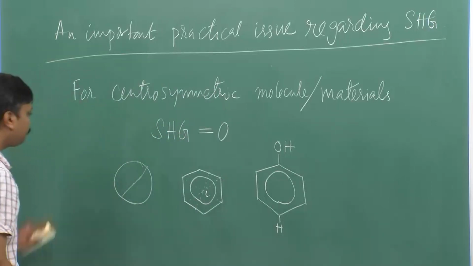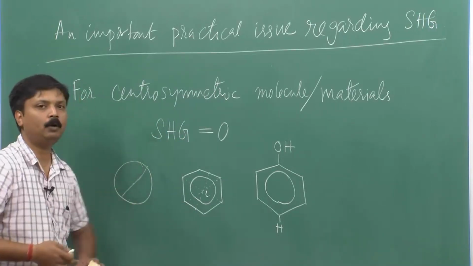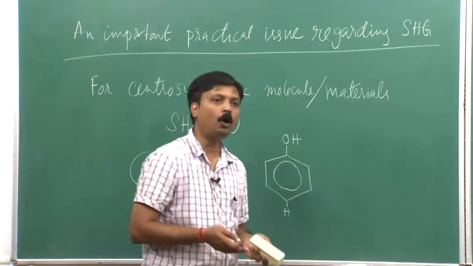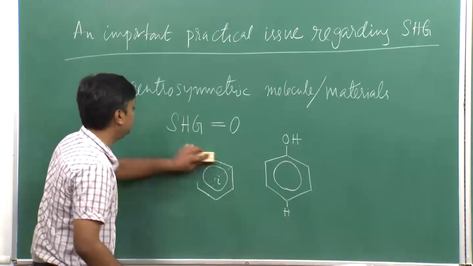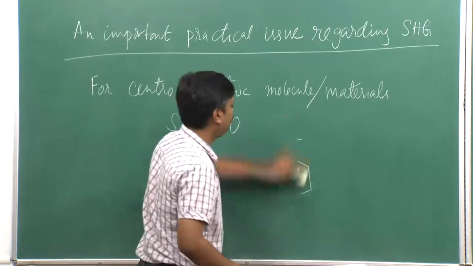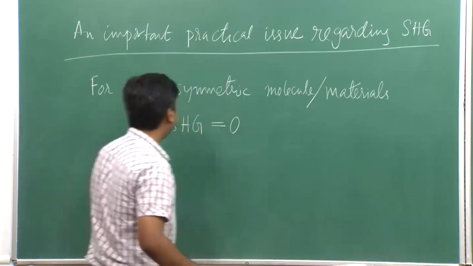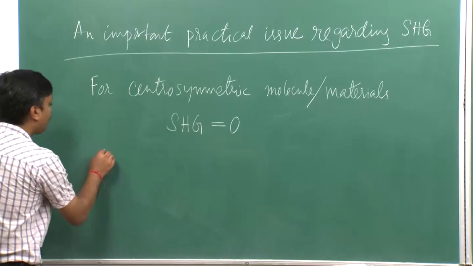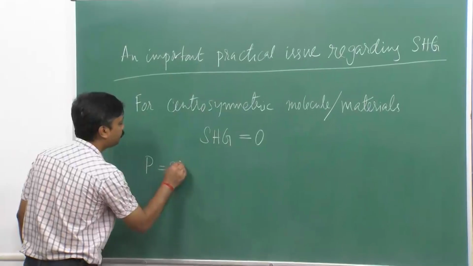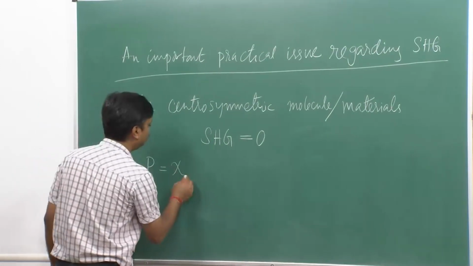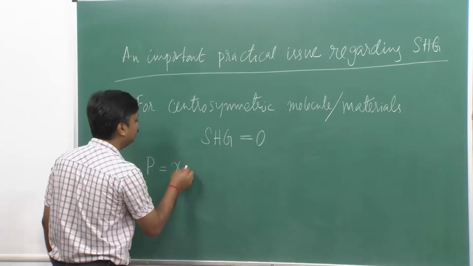So, now what is so special about centrosymmetric molecule that we do not observe second harmonic generation from that? You can easily find that if you look at the polarization. So, in general, polarization is given by chi ij.